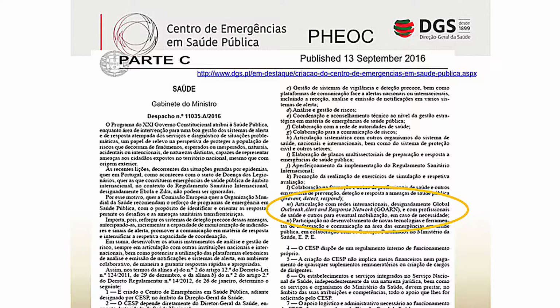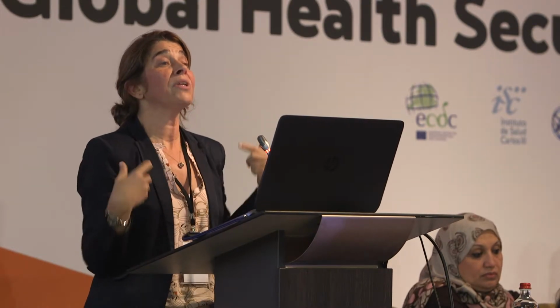It keeps the English expression, meaning this continuous training also looks abroad, not only at national level, where we have experience in local and regional response, but also at how we are going to engage internationally. We have the Public Health Emergency Operations Center with a specific office for training and capacity building for this kind of response and support. And of course it says, any international network, including GOARN.